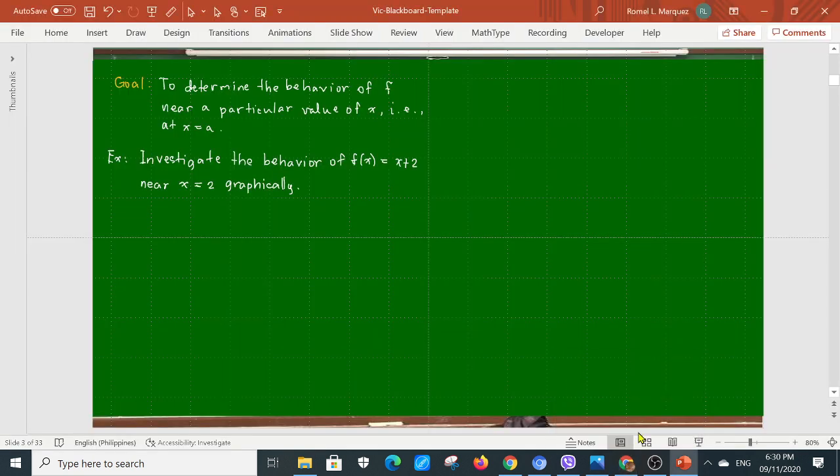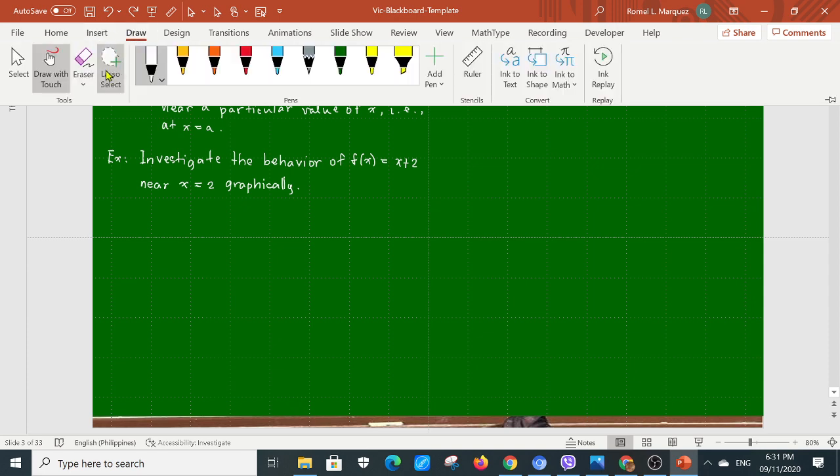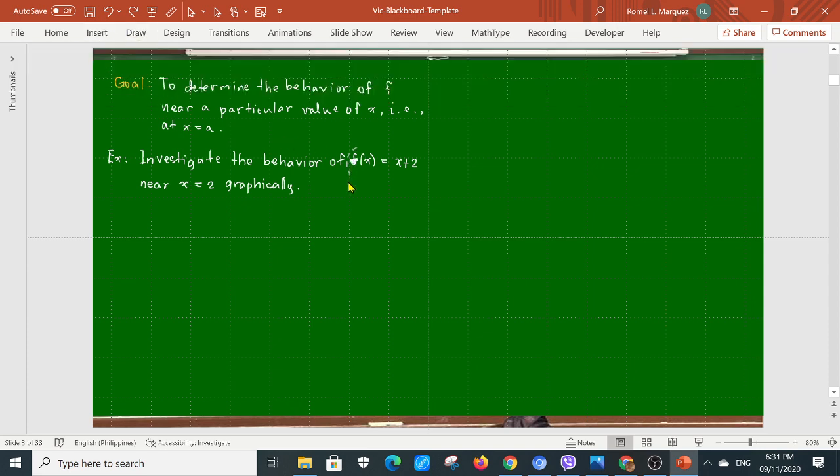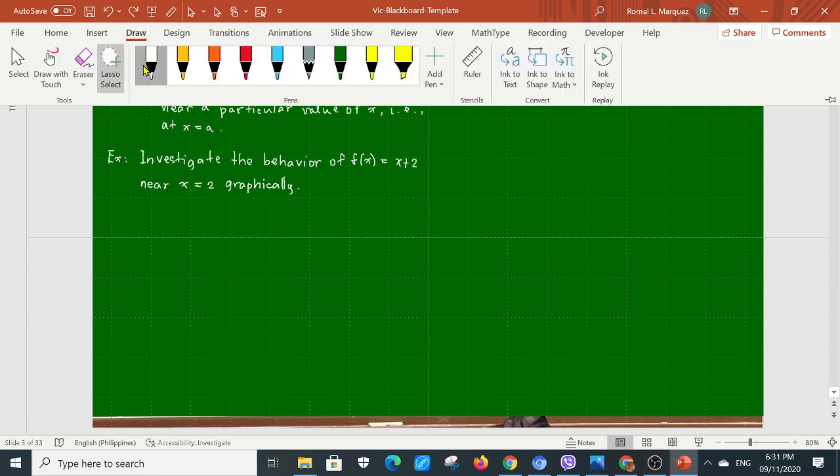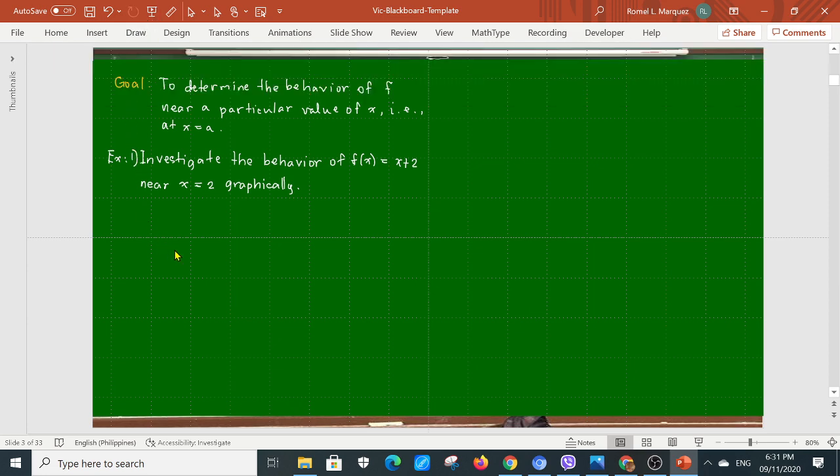This is number 1. So first, let's draw the graph. You should know how to draw the graph; that's why we studied functions.